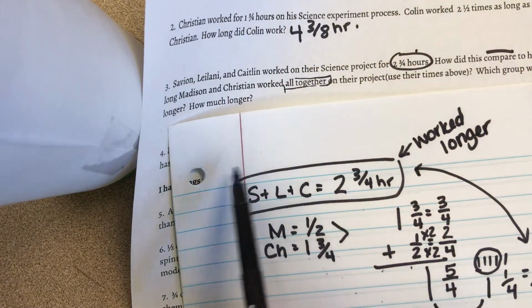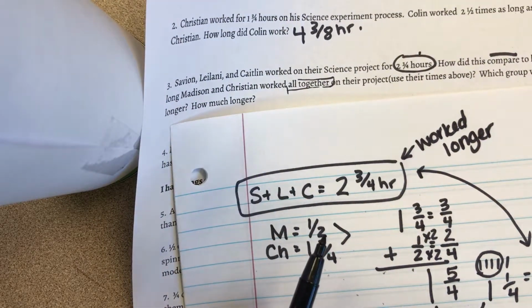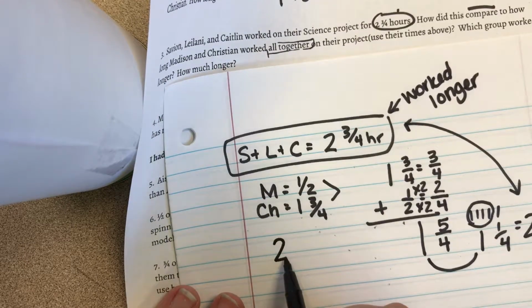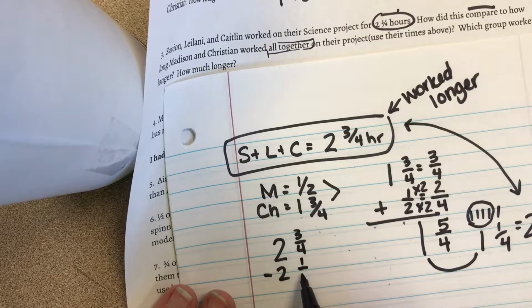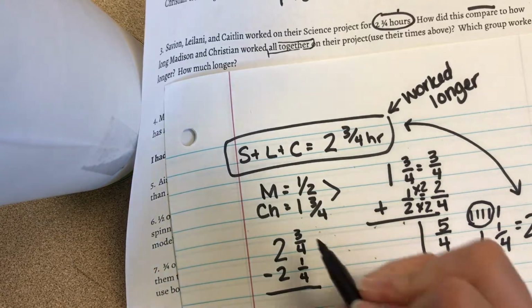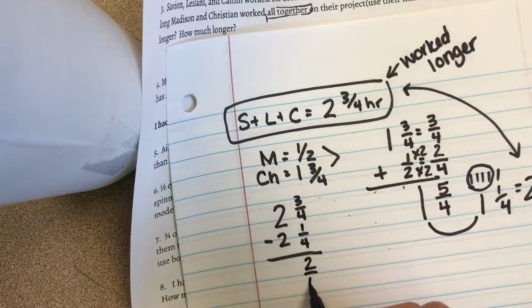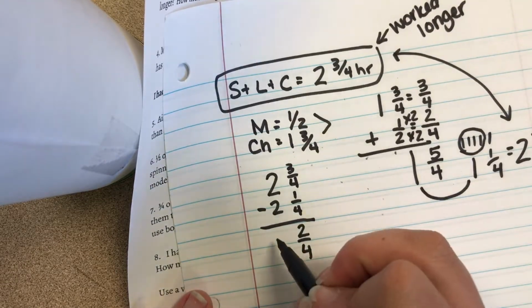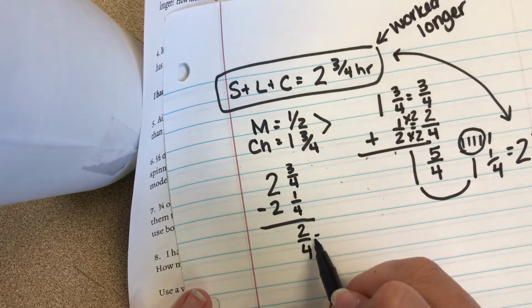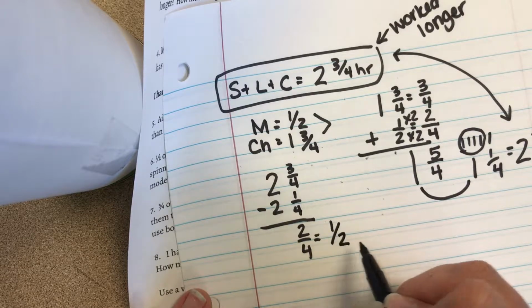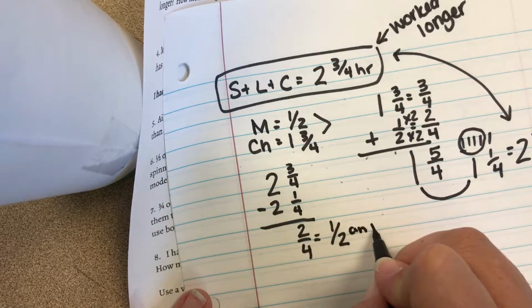But the question says how much longer? So I have to take 2 3/4 minus 2 1/4. 3/4 minus 1/4 is 2/4. 2 minus 2 is 0. 2/4 can also be written as a half. Half an hour.